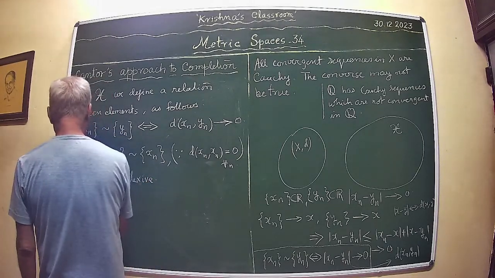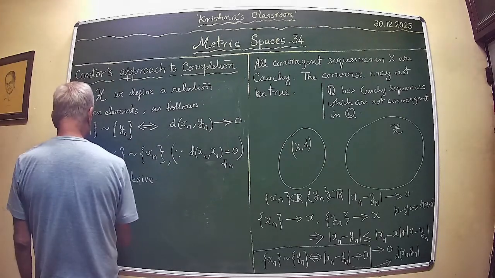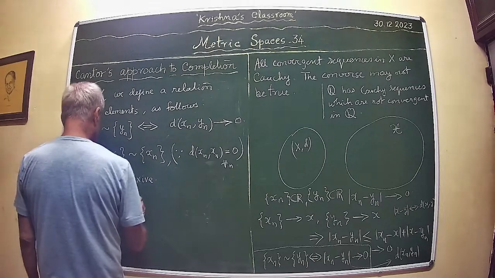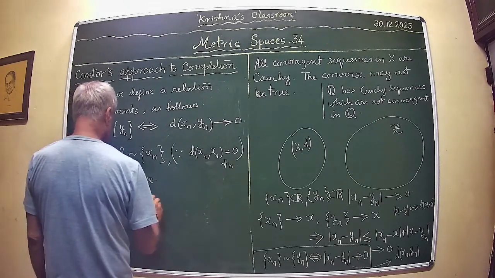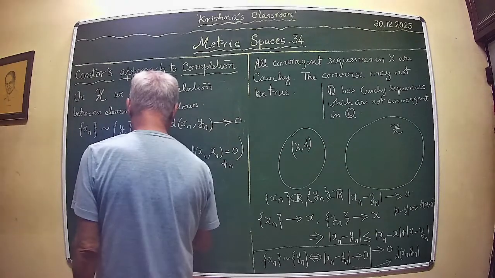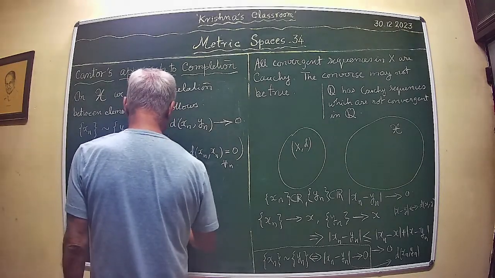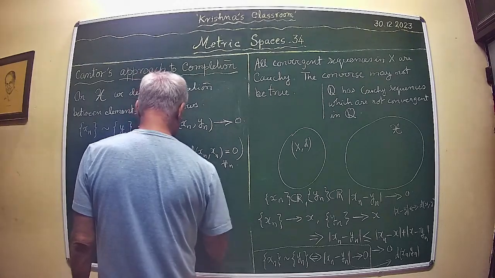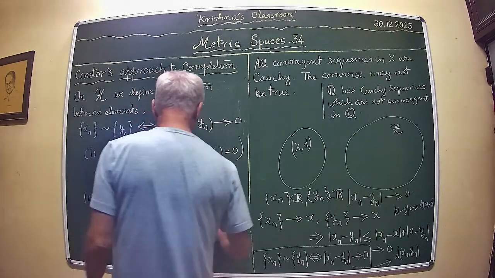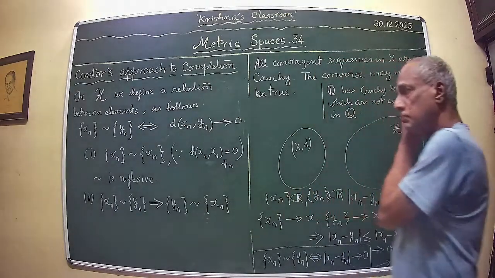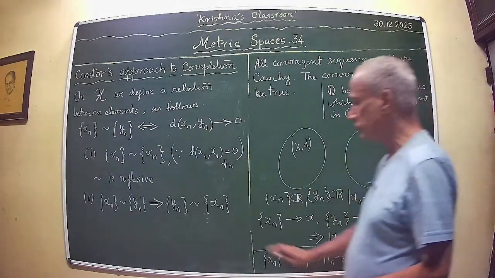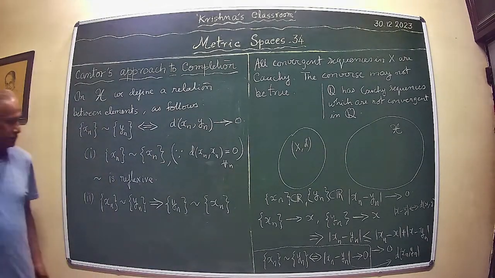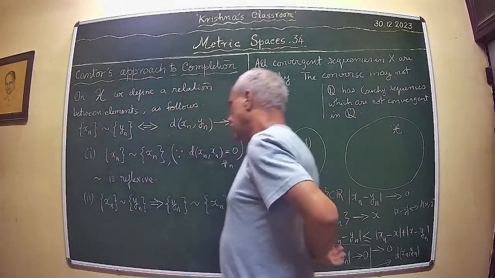Now the second property that we observe is that xn is related to yn implies yn is related to xn.